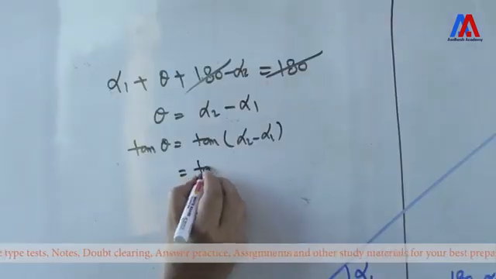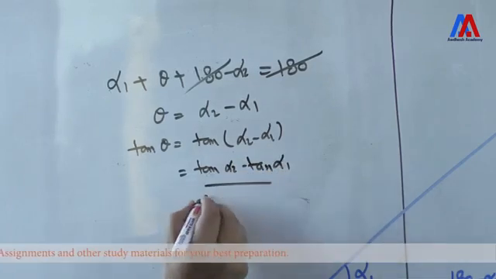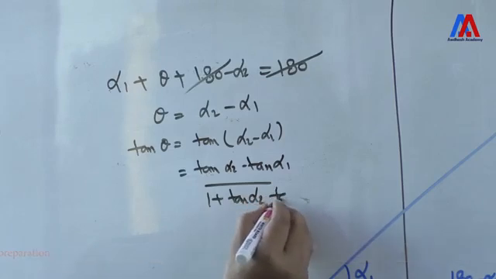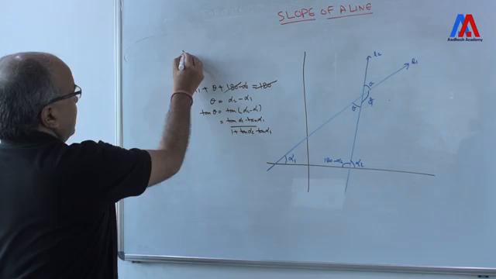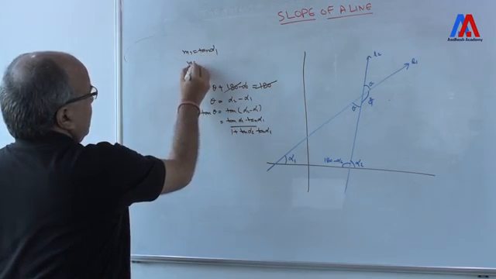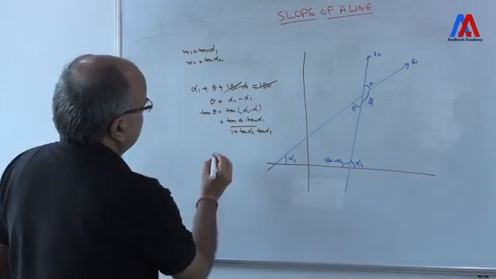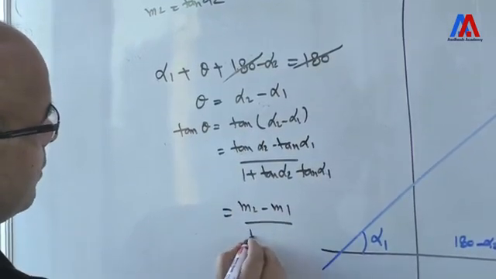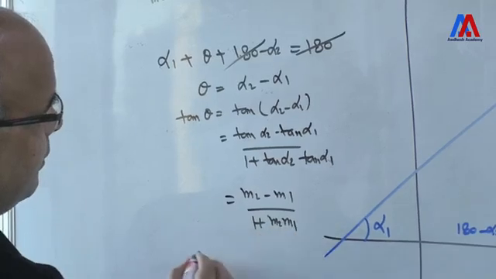So that is equal to (tan alpha 2 minus tan alpha 1) divided by (1 plus tan alpha 2 tan alpha 1). And we know that m1 is equal to tan alpha 1 and m2 is equal to tan alpha 2. If we substitute these values here, what we get is (m2 minus m1) divided by (1 plus m2 m1).